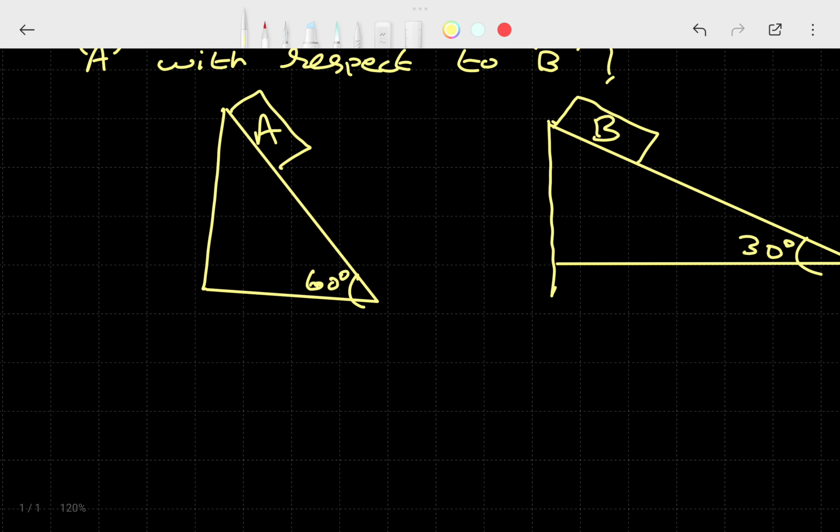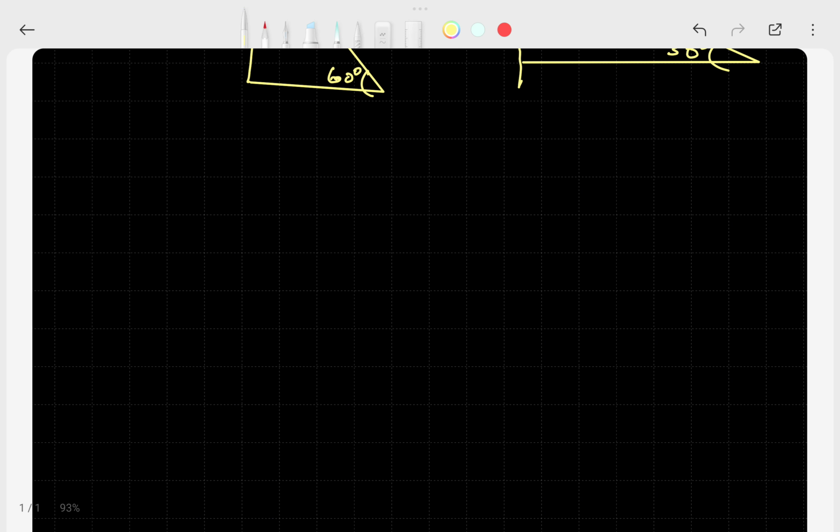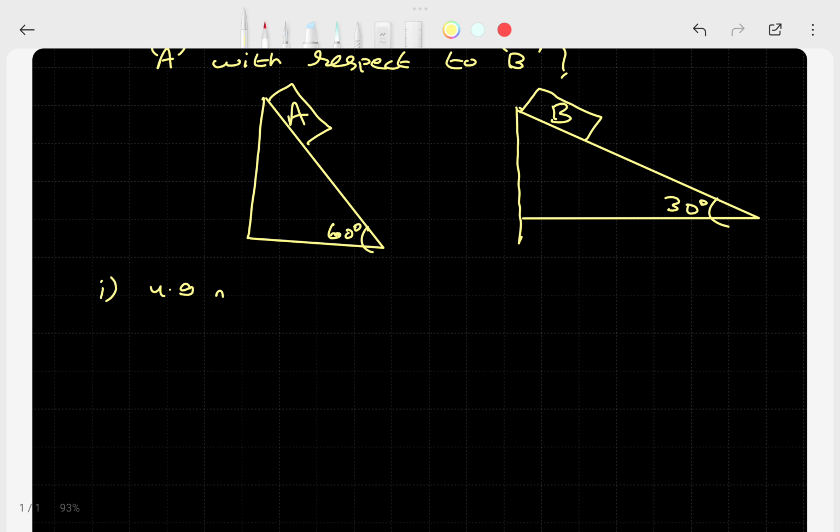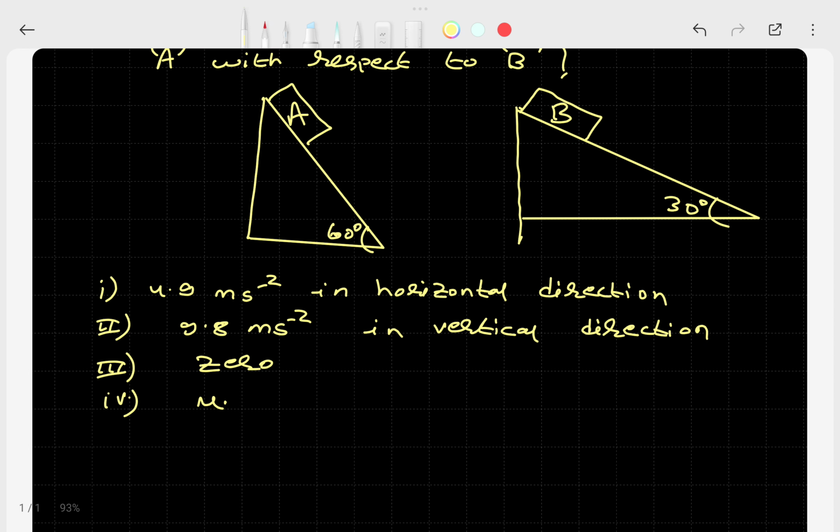One second, let me write the options. The first option is 4.9 meter per second square in horizontal direction, the second option is 9.8 meter per second square in vertical direction, the third option is 0, direction not mentioned, and the fourth is 4.9 meter per second square in vertical direction.